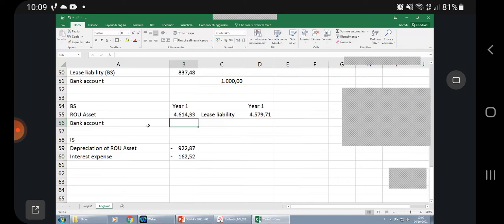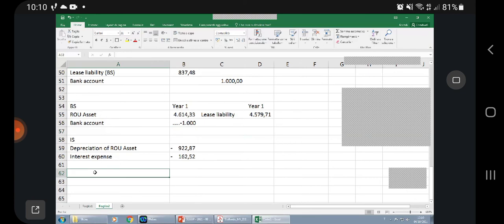So for example, you can write that you don't know the initial balance of the bank account, and we know that there is an impact of 1,000 here, if you want, but for me it is not necessary. Okay?